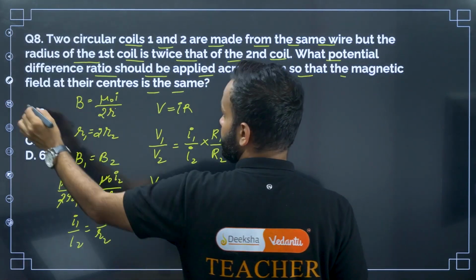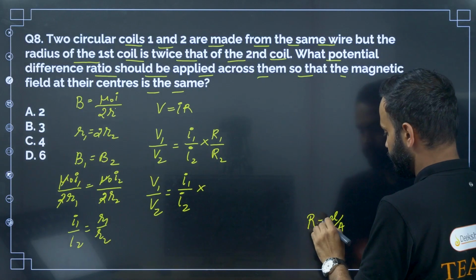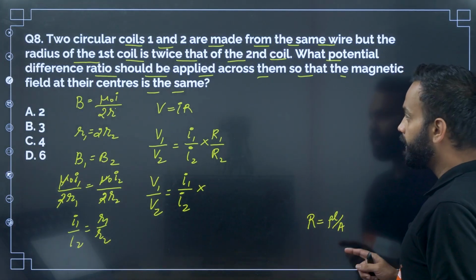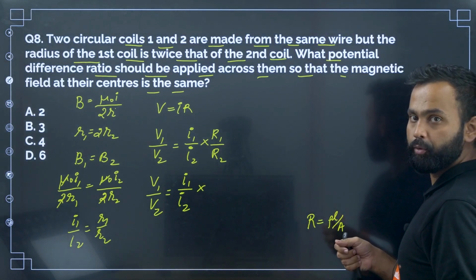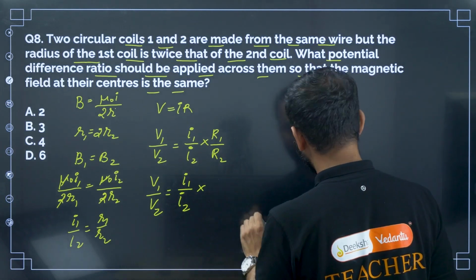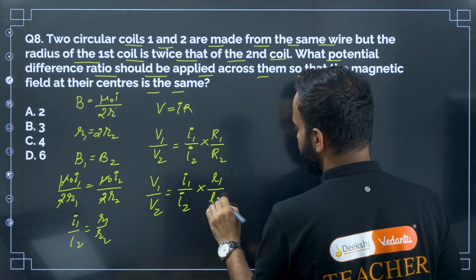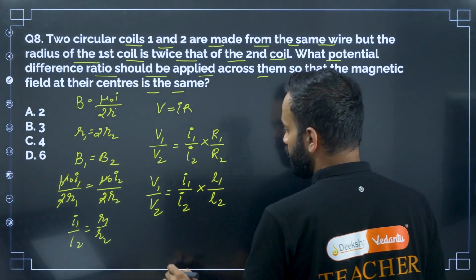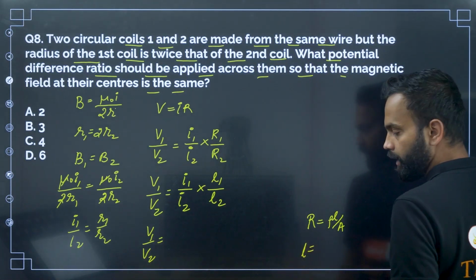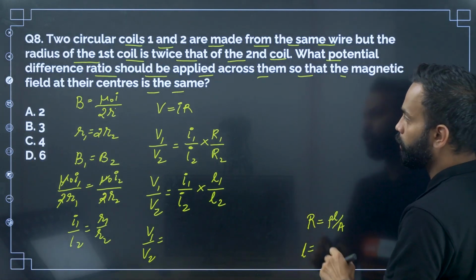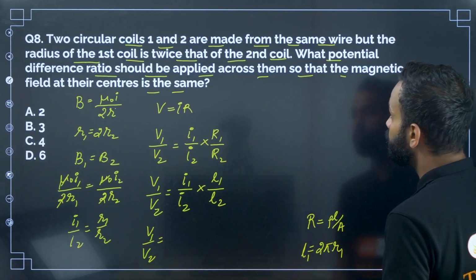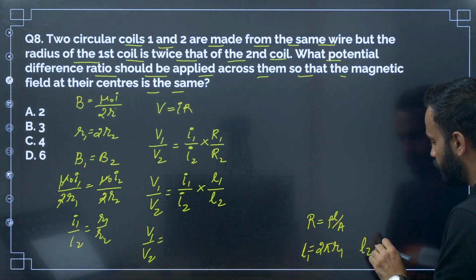Now rho is the same for both, and the area of cross section of the wire is also the same for both, but the length is different, so it is L1 divided by L2. So now V1 divided by V2 is equal to L1 divided by L2, where L is the length of the wire. The length of the wire of the first coil, L1, equals 2 pi R1, and L2 equals 2 pi R2.